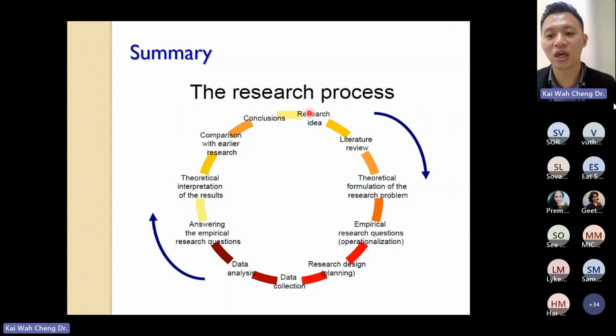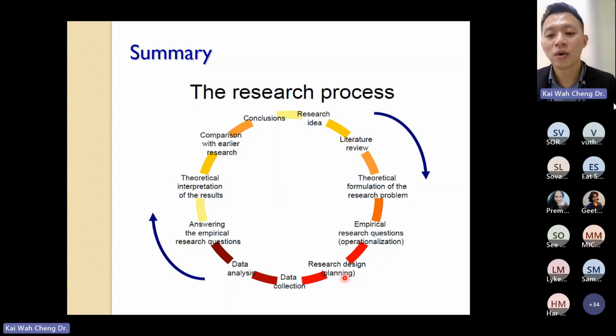We should have the research framework at this stage. Once we have the research framework, we need to make sure we fully understand the definition of each research variable in the research framework, either in a conceptual definition or operational definition.